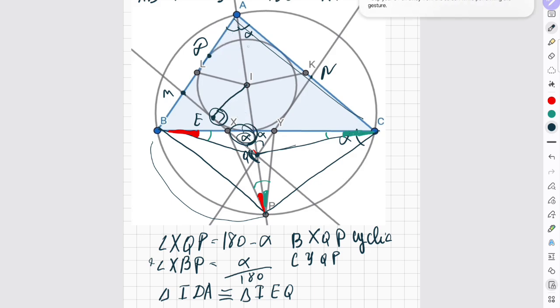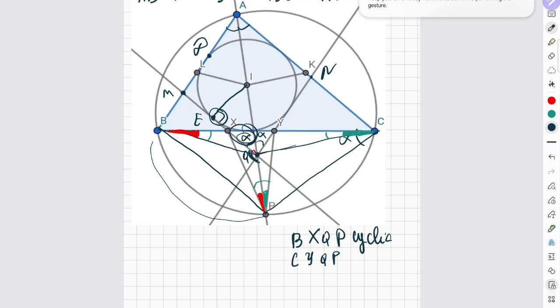So here we showed, let me just remove this part. Okay, here we proved that AI is equal to QI and AL is equal to BL.